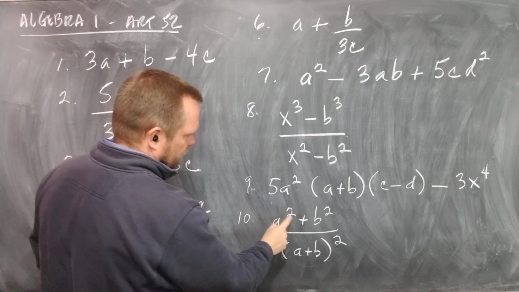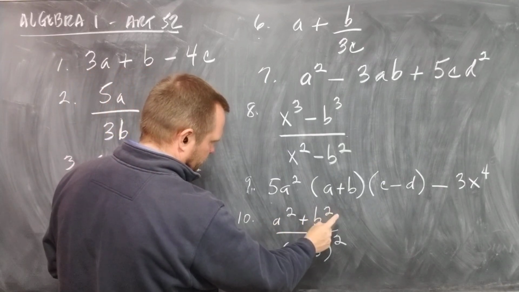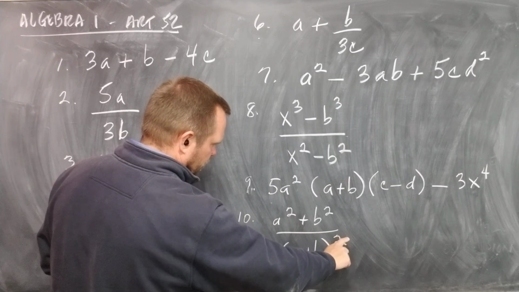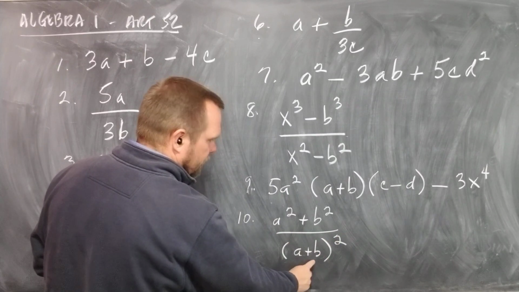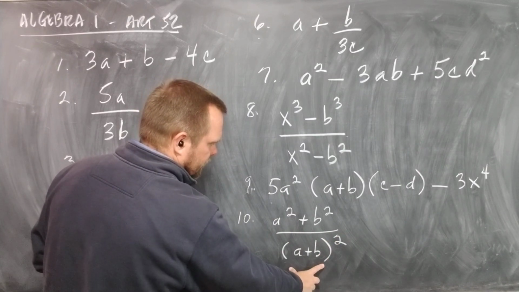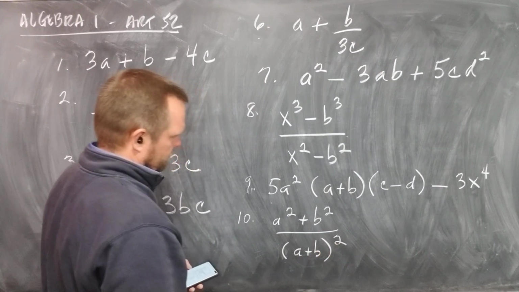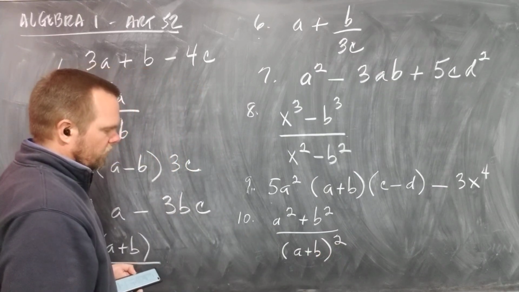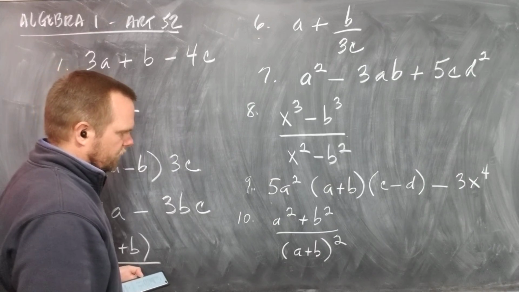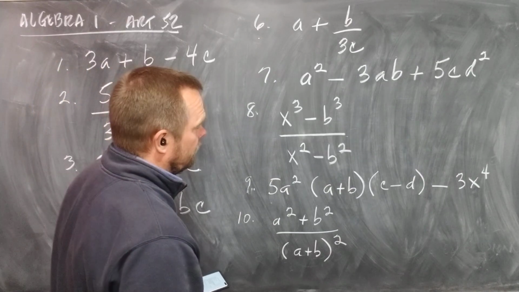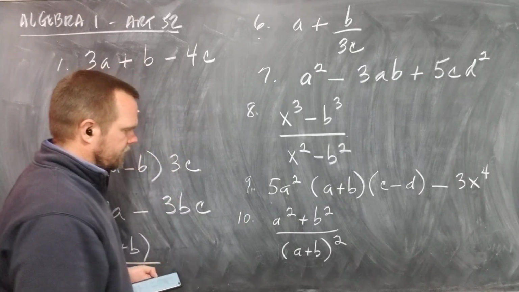A squared plus b squared, comma, divided by a plus b, comma, that tells us that that's to be treated as one term, squared. That's the correct way to write out number 10 using algebraic signs and symbols.